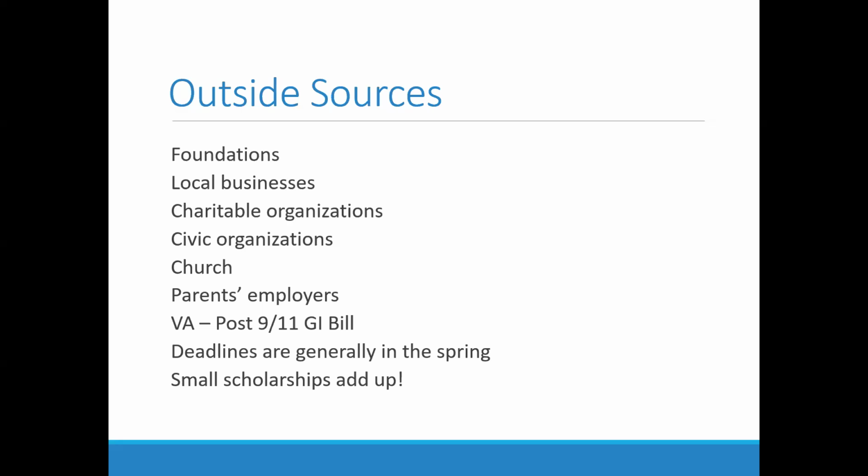Other things like the VA, the post 9/11 GI Bill is a wonderful source of financial aid. The VA offers other programs as well. Deadlines for these things are usually in the spring, and those small scholarships do add up. So I always encourage students to write one really good essay, and you can use it or tailor it to lots of different sources that you're looking at.